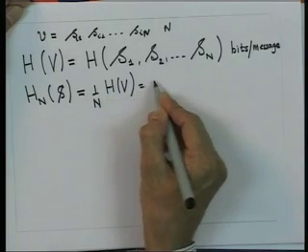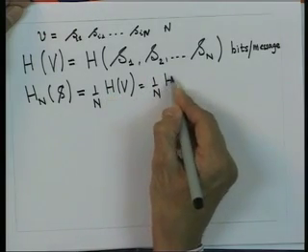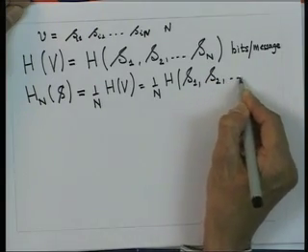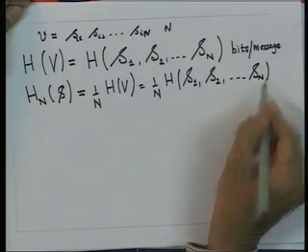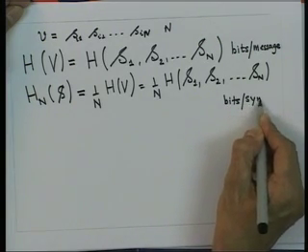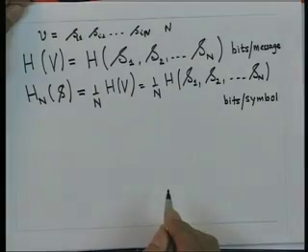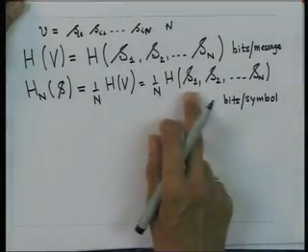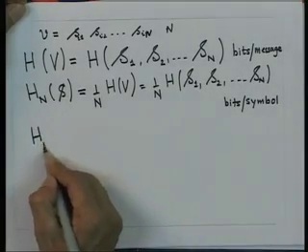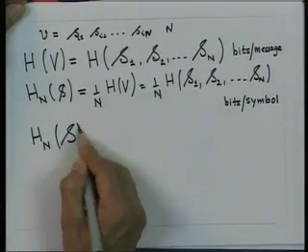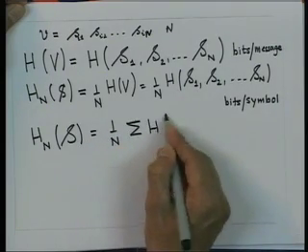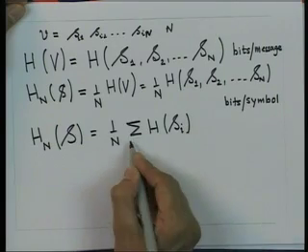So, this is equal to 1 by N H of S1, S2 to SN. This will be bits per symbol. Now, obviously if the symbols are statistically independent, then H of SN would be nothing but the summation of H of Si.